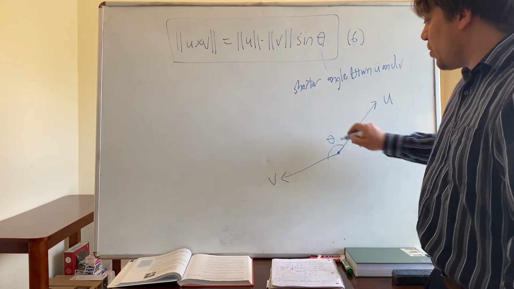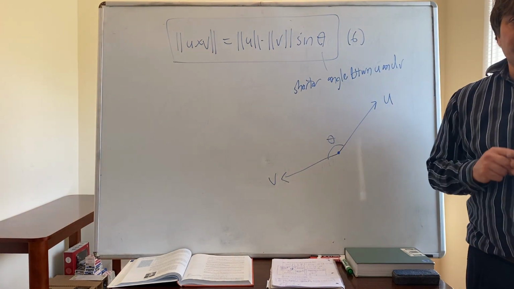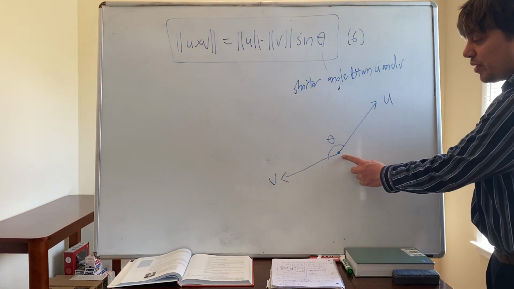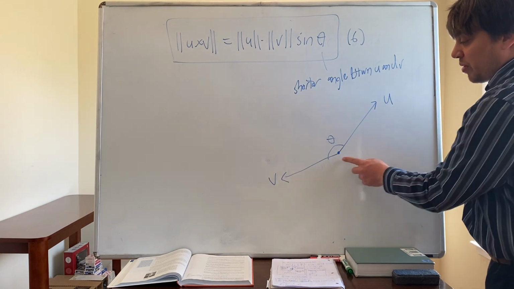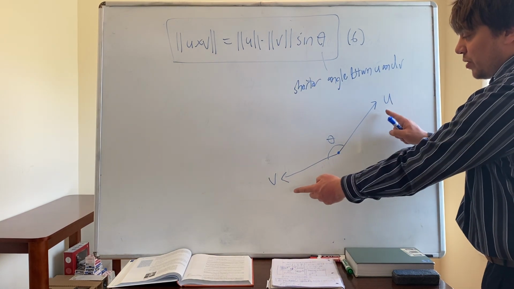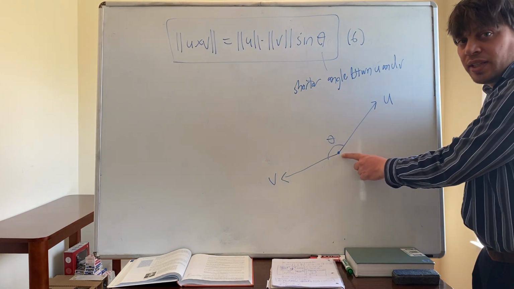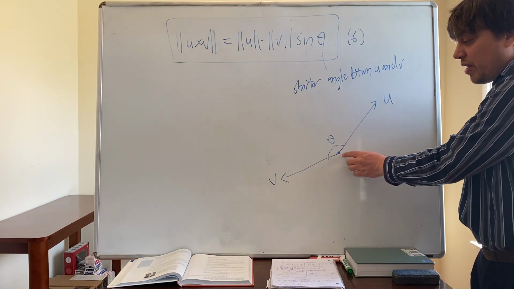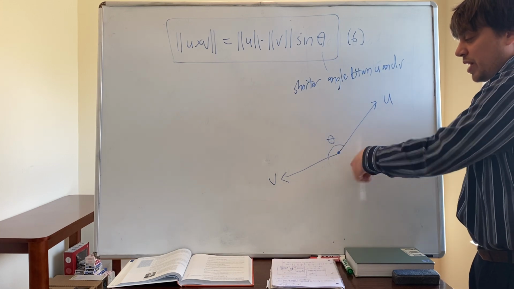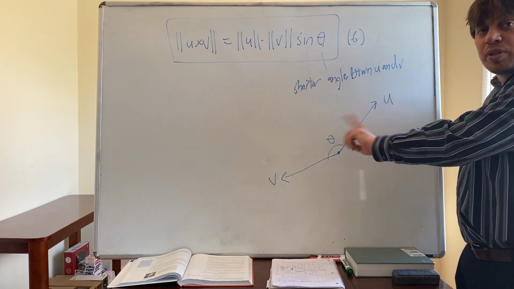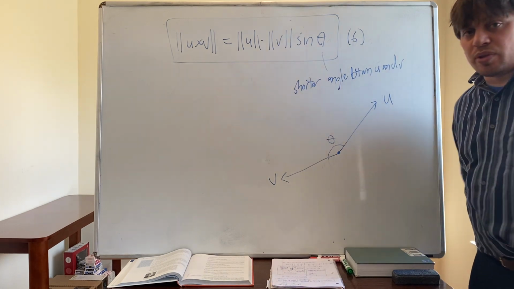Theta is the smaller angle between two vectors. If you take the initial points of both vectors at the same point, you have to make their two initial points coincide. As long as you start each vector at the same point, those two vectors will determine two angles, one larger and one smaller, and theta is the smaller angle.